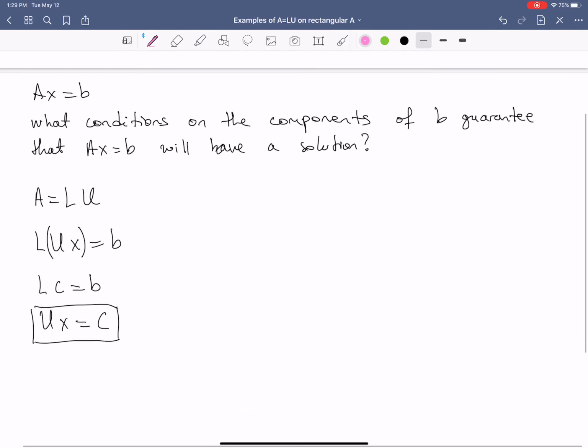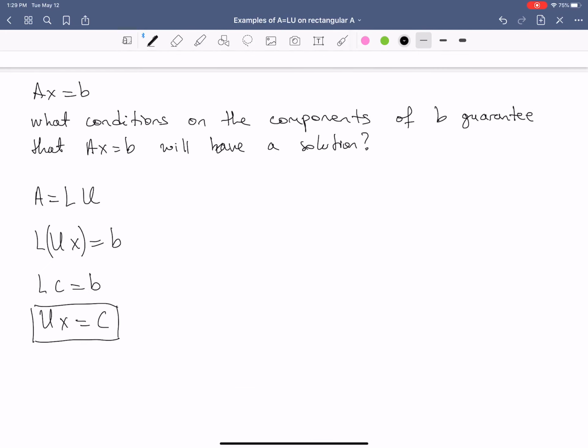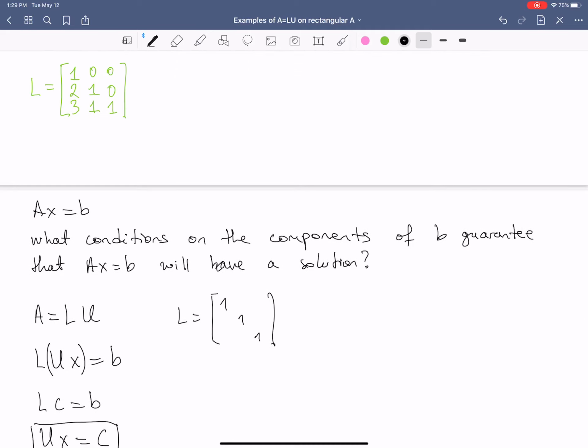Let's explore a little further. Let's actually solve this equation over here, LC equals B. We have the matrix L. I'll copy it again so I know it has ones along the diagonal, and then the coefficients were 2, 3, and 1.